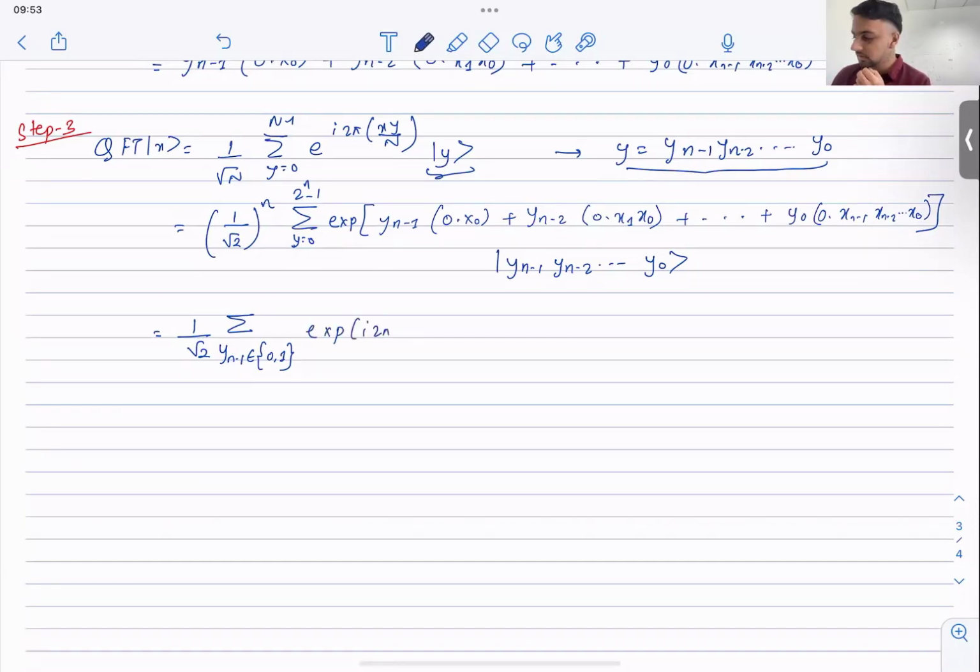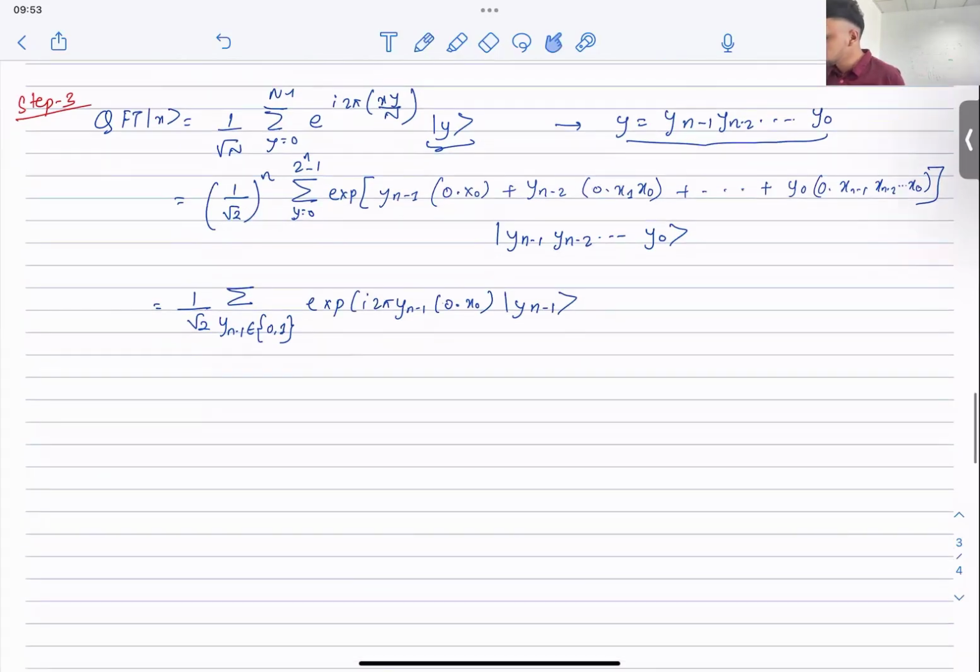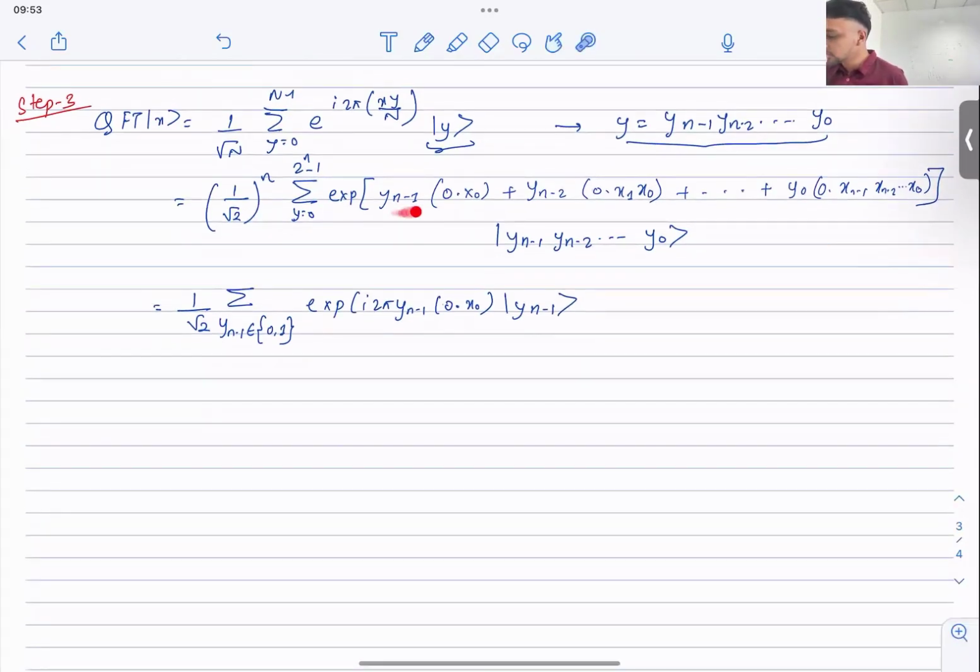So e to the i 2 pi yn minus 1. Sorry, I need another number, dot x0. Okay, I'll write it as 0.x0 so that you don't get confused, yn minus 1. So what I did here is I took this first term, and what is this thing?